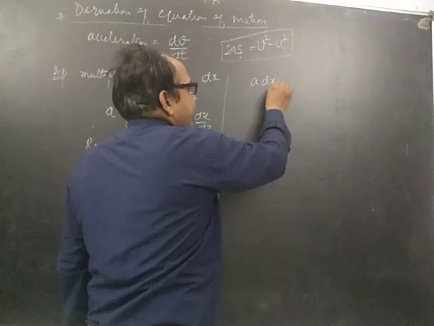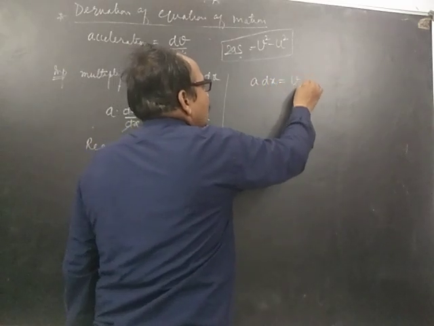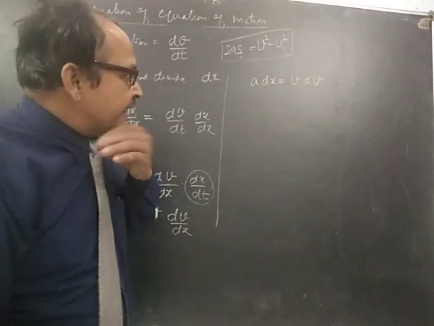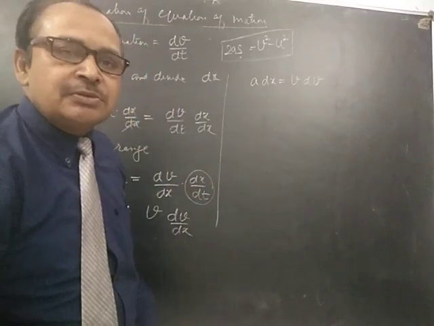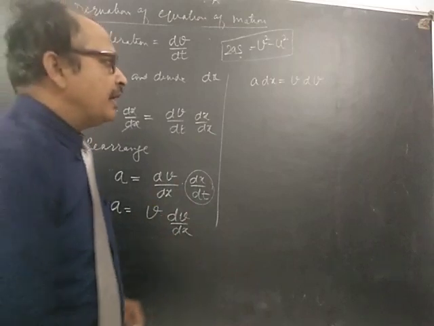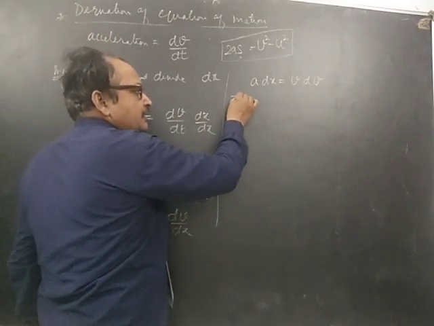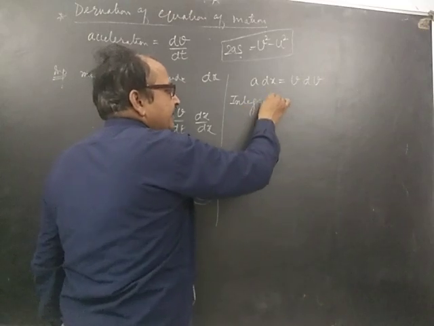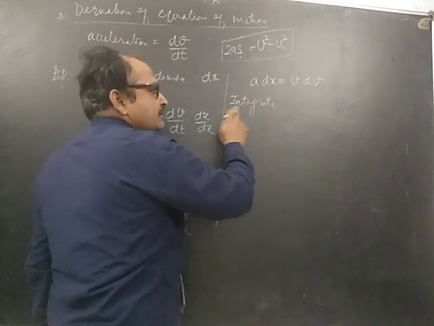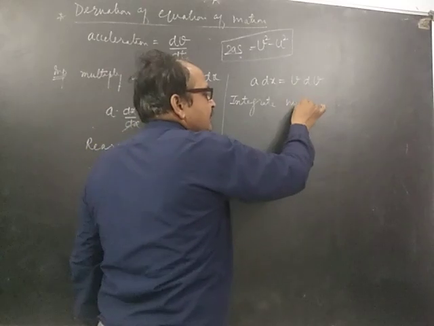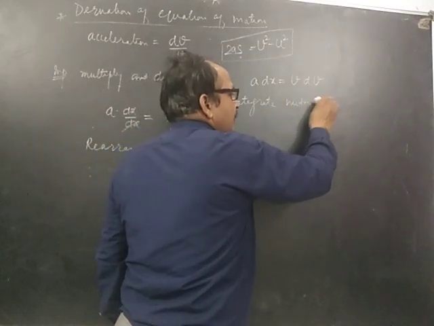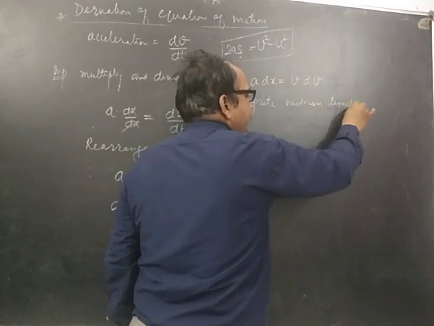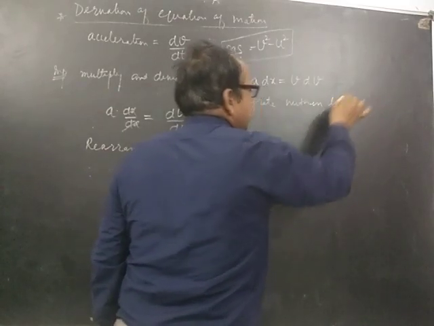A dx is equal to v dv. And obviously, what afterwards we do? We integrate. When you integrate, you always integrate within the limits.